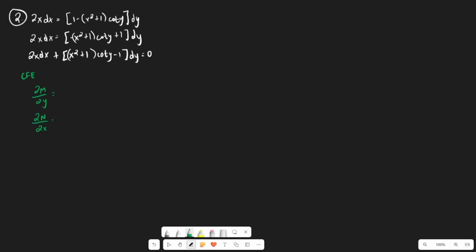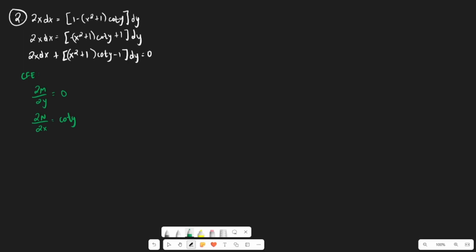So for checking of exactness, let's have the partial of M with respect to y. So this is M. We have 0 since the derivative of 2x with respect to y is just 0, since 2x is a constant in that case. Next up, we have the partial derivative of N with respect to x. First, we factor out the cotangent y.